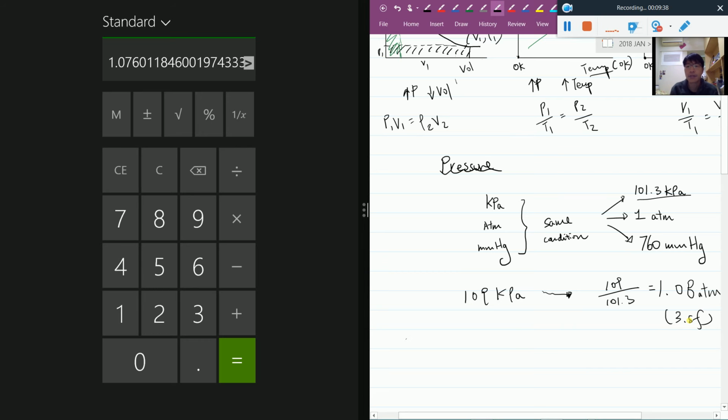Then you can also try to change that into millimeters of mercury. Millimeters of mercury for each ATM is 760.